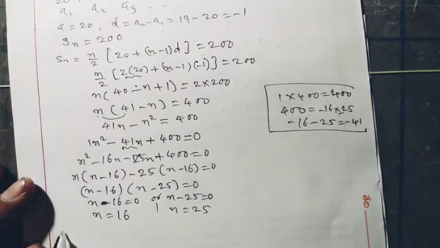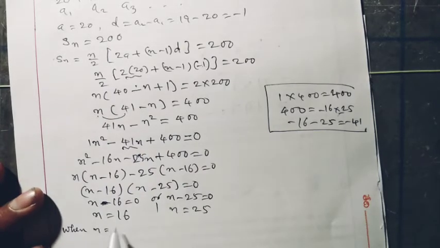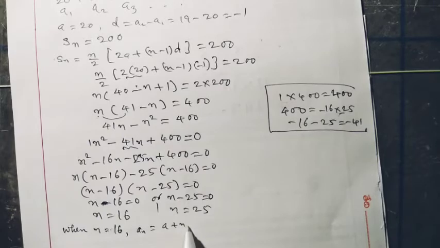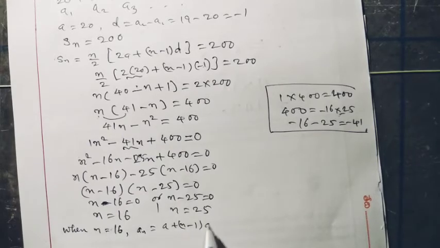When n is equal to 16, an is equal to a plus n minus 1 into d.